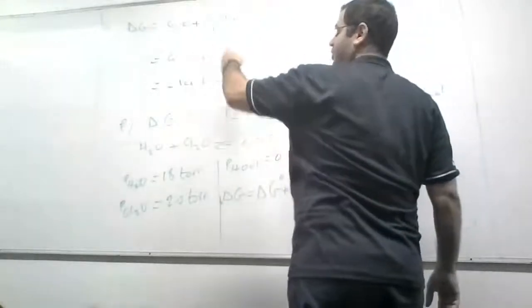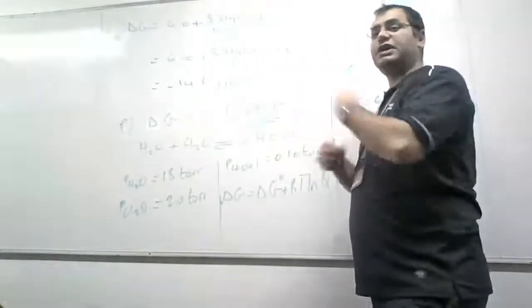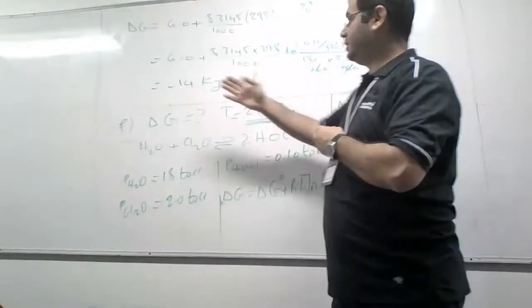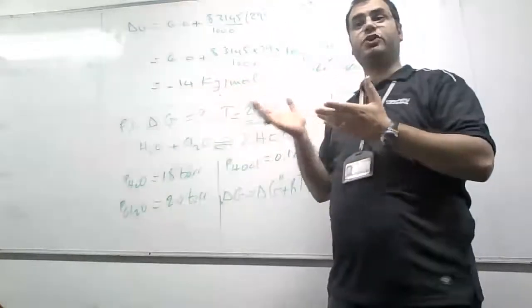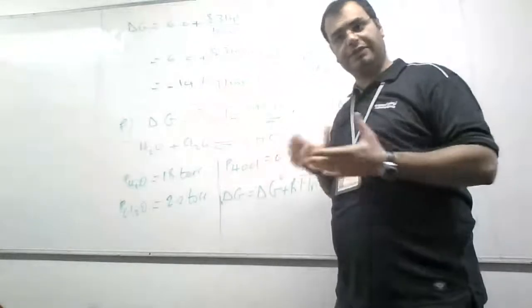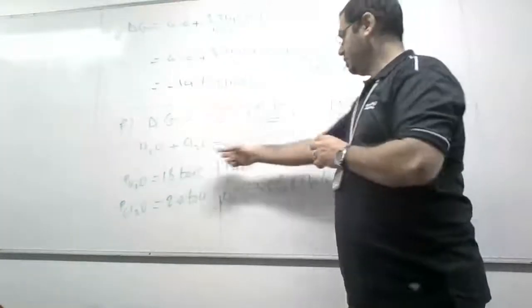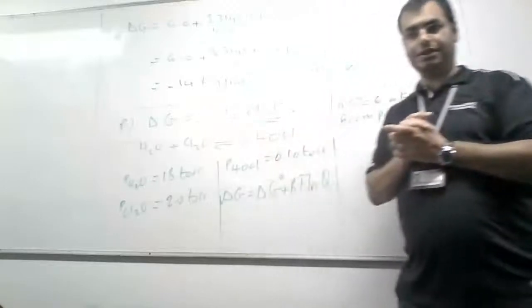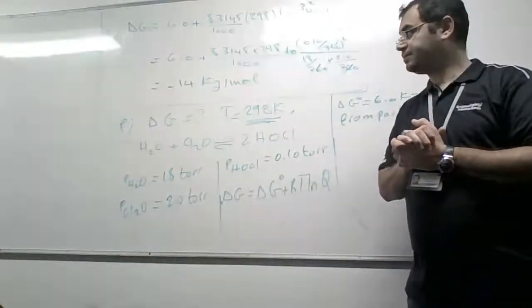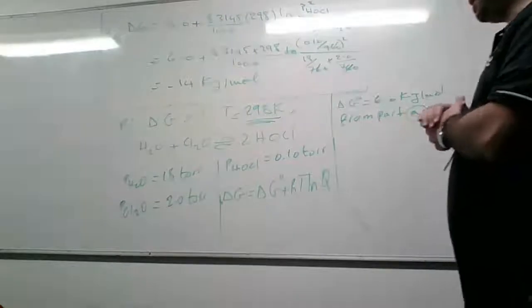So when I raise the temperature from 298 Kelvin to 500 Kelvin, free energy is minus 14 kilojoule per mole. It became negative, so it became spontaneous in the forward direction. I will give you time to finalize all this.